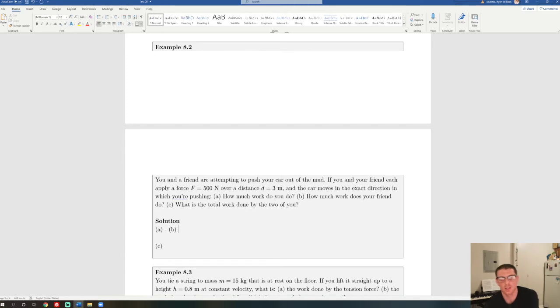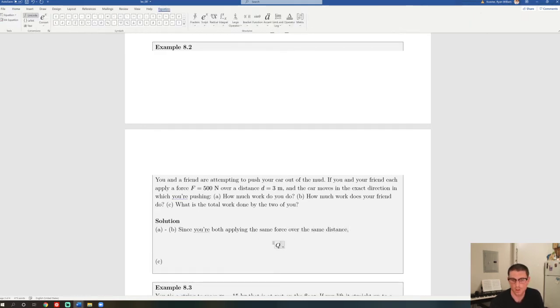And so let's write this out, though. Okay, since you're both applying the same force over the same distance, the work done by you, which will be W sub 1, is the same as the work done by your friend, which is W sub 2.